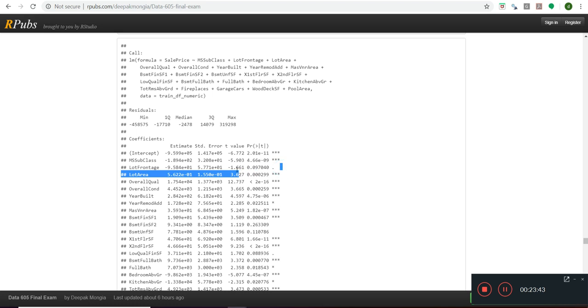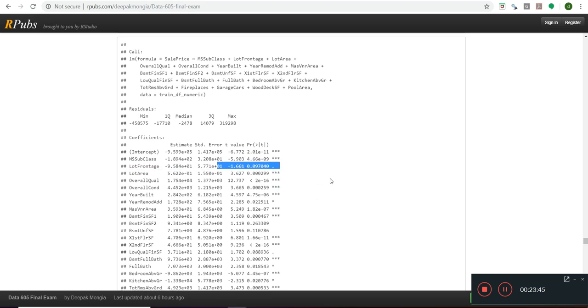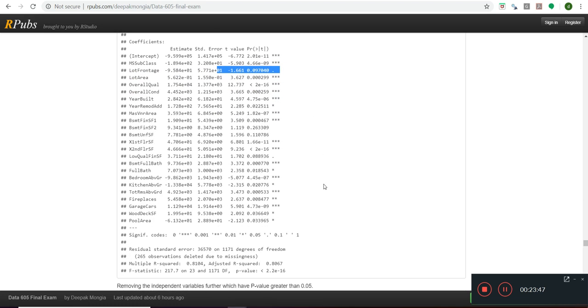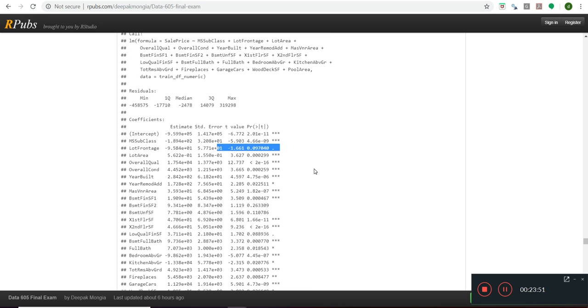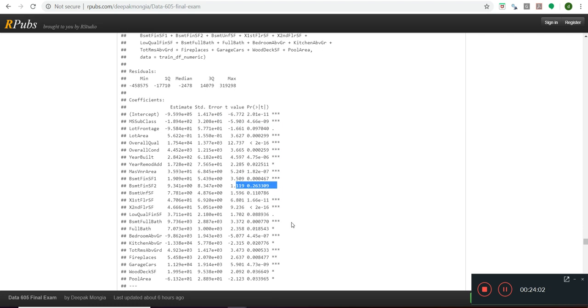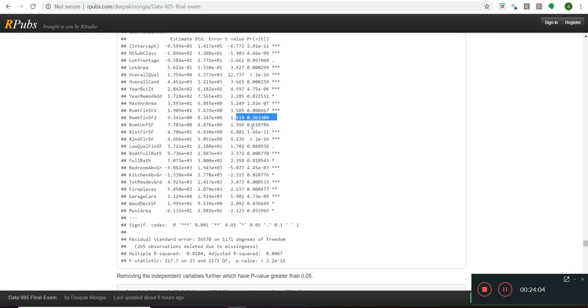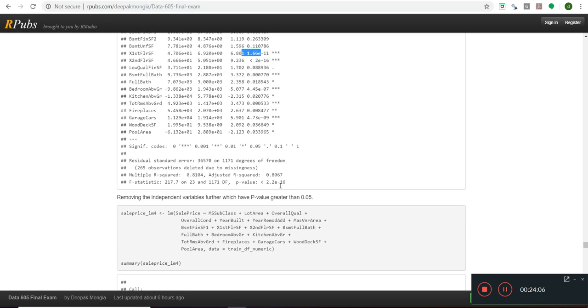There are still some variables which have a p-value greater than 0.05. So as per the backward elimination multiple linear regression method, we have to remove the variables which have a p-value greater than the 0.05 significance level, and then further remove all such variables again.